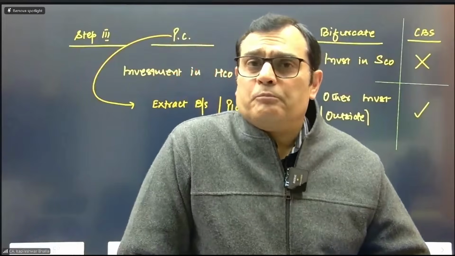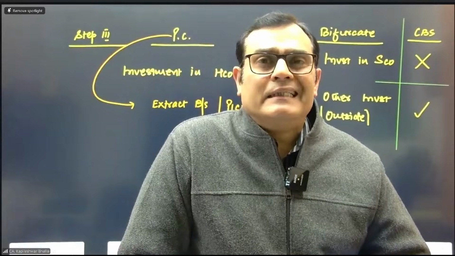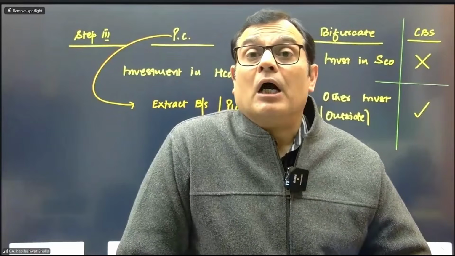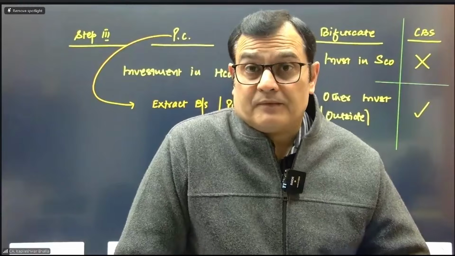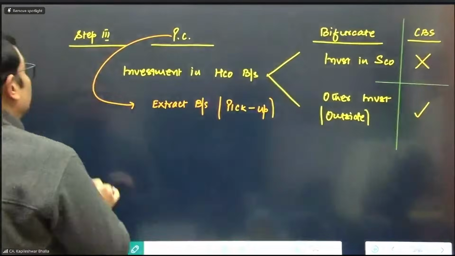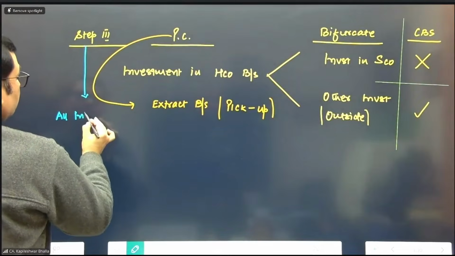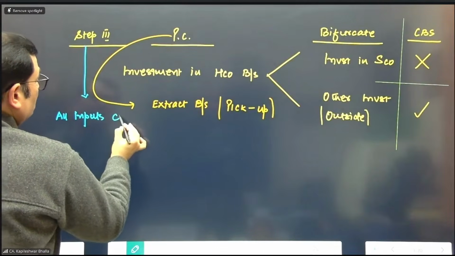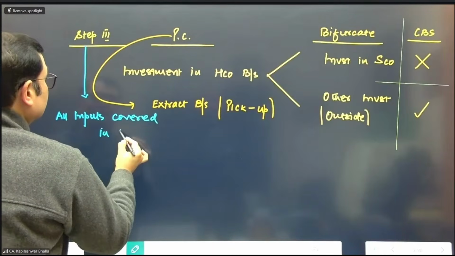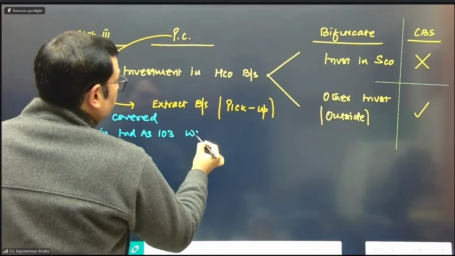Are all the inputs relating to purchase consideration, which we covered in Index 103, equally applicable out here? 100% yes. To put it in a very comprehensive manner, all inputs covered in Index 103 would apply.